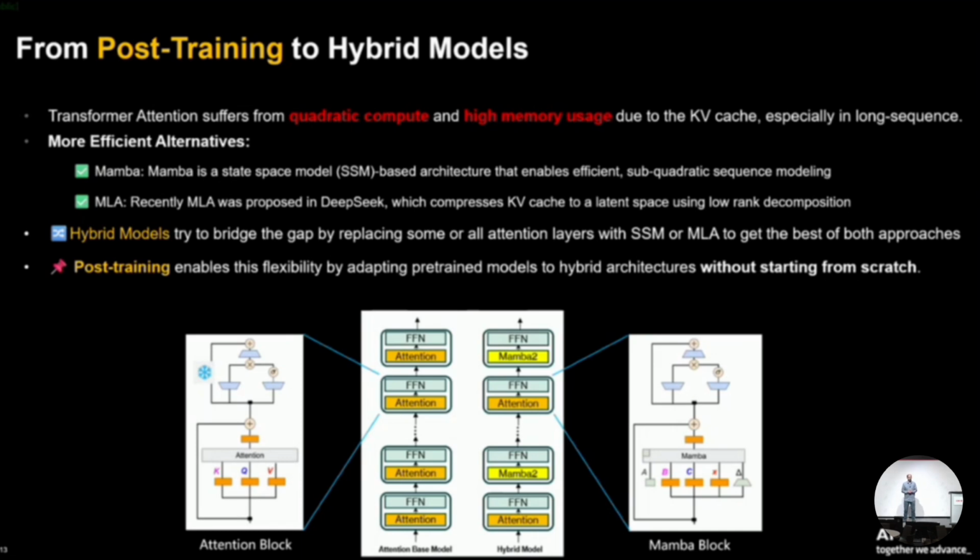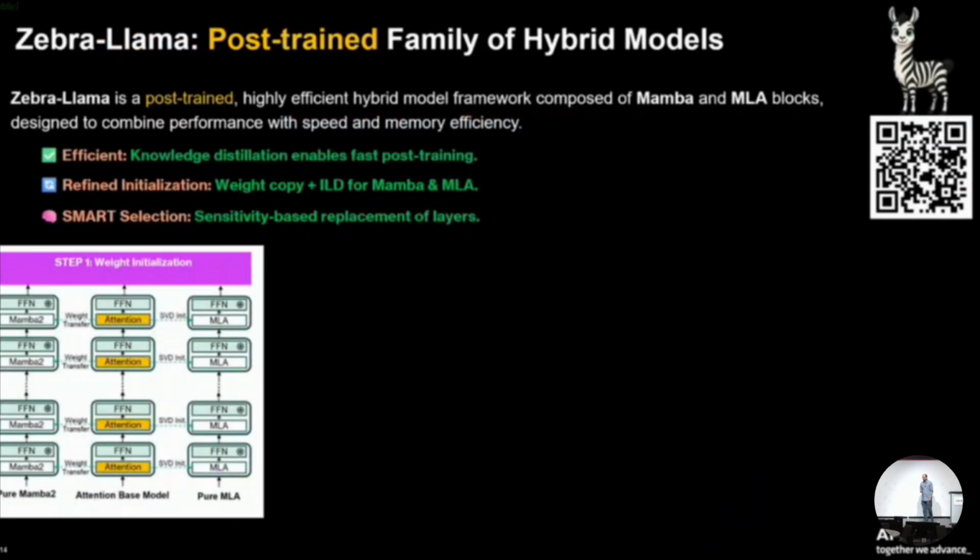We want to see if it's possible to adapt or move from a pure attention-based model to a hybrid model with just lightweight post-training. The answer to this question is that we can do post-training, and we have done such a practice at AMD.